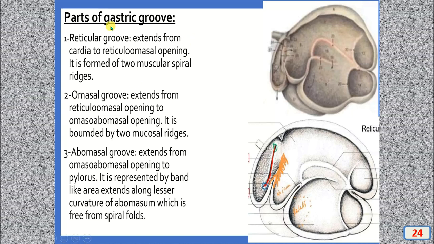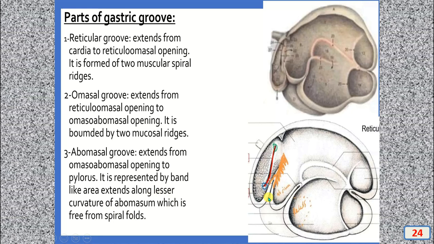So the gastric groove or reticular groove is a structure here, you can see it starting from the esophagus up to the abomasum. These grooves extend from the omasoabomasal opening to the pylorus, represented by a band-like area extending along the lesser curvature.